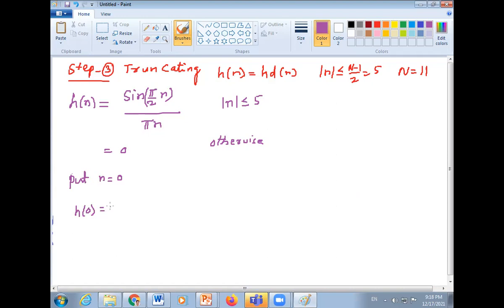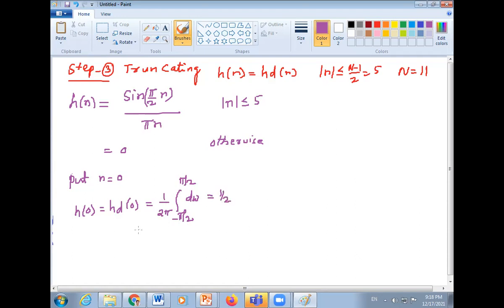h of 0 is equal to HD of 0, which equals 1 by 2 pi integral from minus pi by 2 to plus pi by 2 d omega. If we simplify this, we'll get 1 by 2.